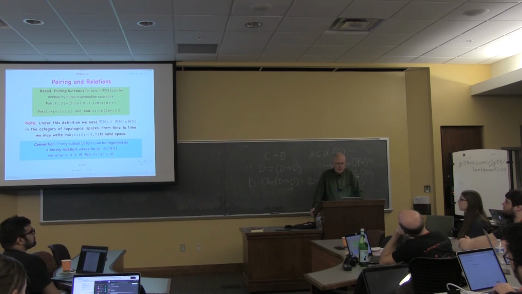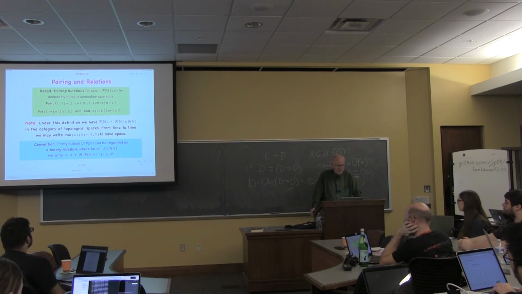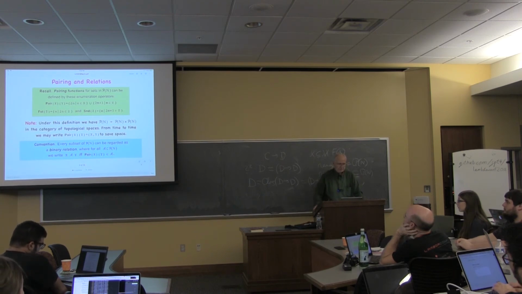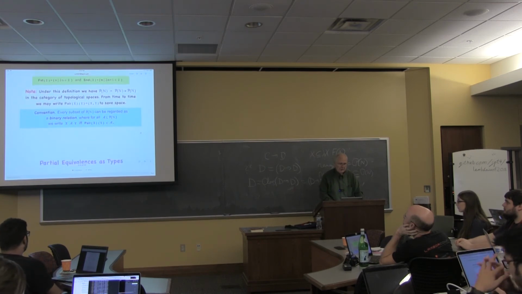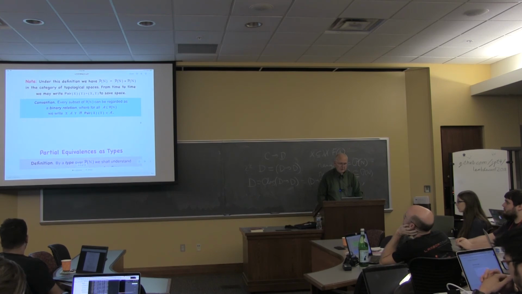So we can do the same thing with the topological space of the power set of N. We can take quotients of subspaces. So now we just review what we already said there. The power set of N is the same as the square of the power set of N. Every element of our space could be thought of as a pair of elements of our space.